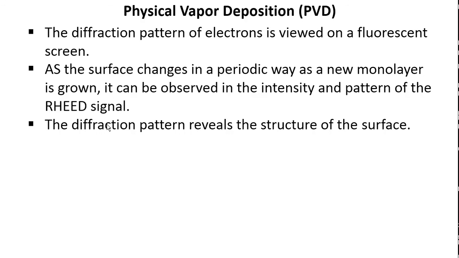So each time the material formed over the surface of the substrate forms a monolayer, it is formed in a periodic way. This formation can be very clearly observed with the intensity and the pattern produced on the RHEED screen, which is nothing but a fluorescent screen.